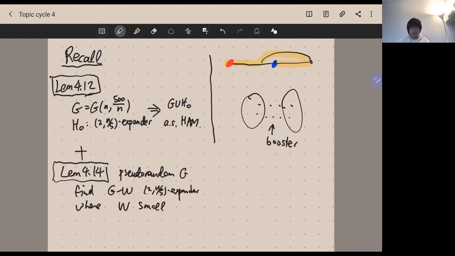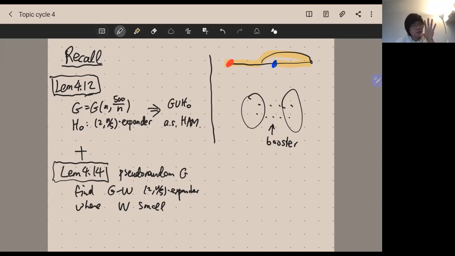Okay, so just very hand-wavingly, why these two work quite well together, because now what we're going to do is that we have our random graph at hand. We're going to separate a little bit out. That will be the G in lemma 4.12, which we do sprinkling with afterwards. For the remaining part, we know that it's a random graph, so definitely it's pseudo-random.